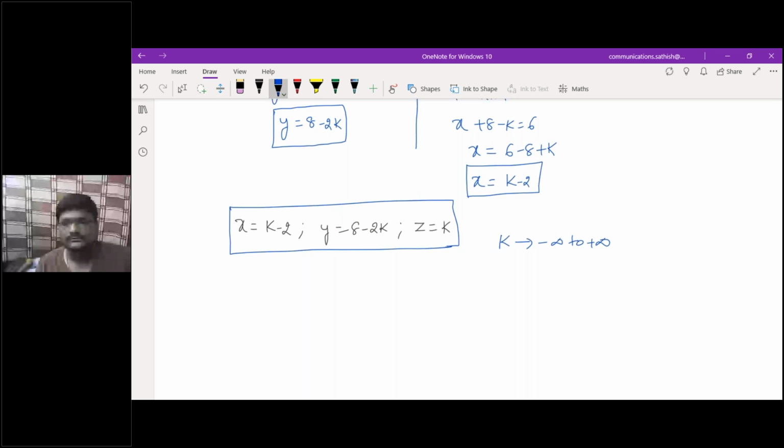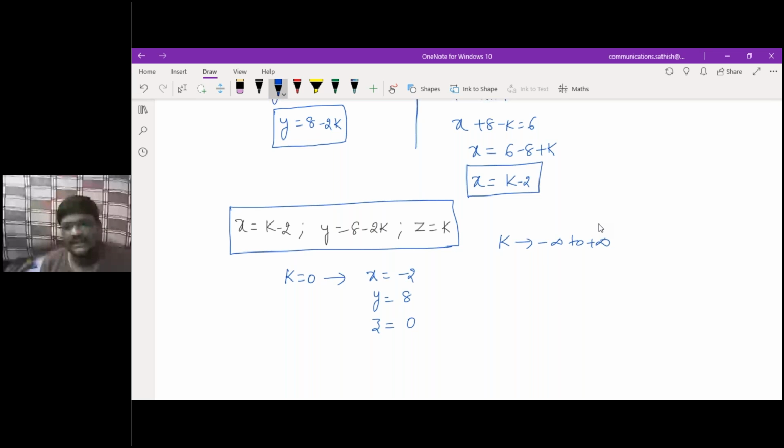Are you able to follow me? Suppose if I take k equal to 0, what is your x value? Minus 2. And y value 8, z value 0. Am I right or not? Likewise, if I vary the k value here, obviously your x value, y value, and z value will vary from minus infinity to plus infinity.